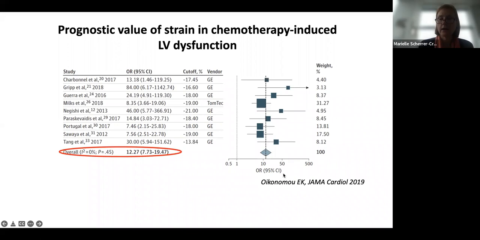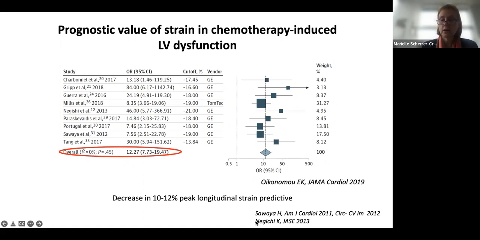And this is a summary by Oko Nomu in the team of Tom Marwick. And it shows you that if you have an abnormal strain, and we'll go a bit more into the details after, you have a very increased risk of developing subsequent LVEF decrease.